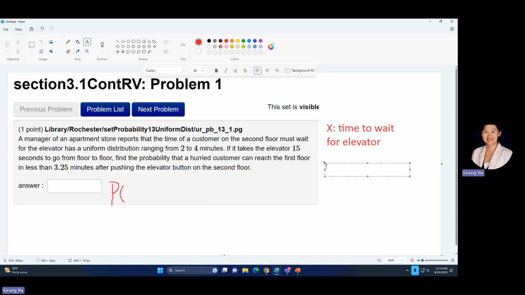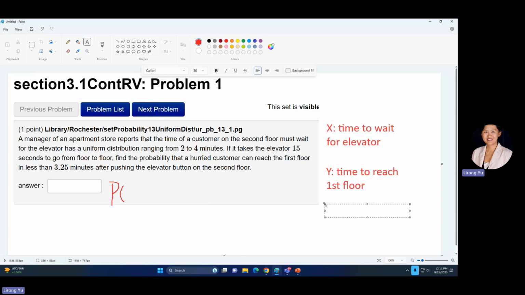All right, and then Y is the time to reach the first floor. They're not the same time, but we can see they're pretty close because it takes only 15 seconds to go from floor to floor.